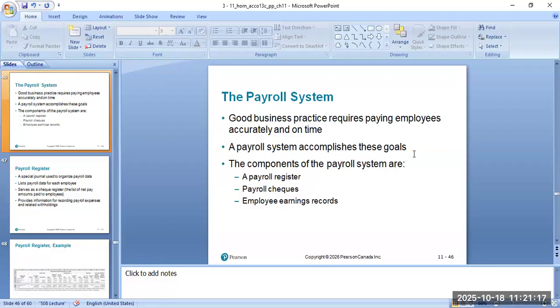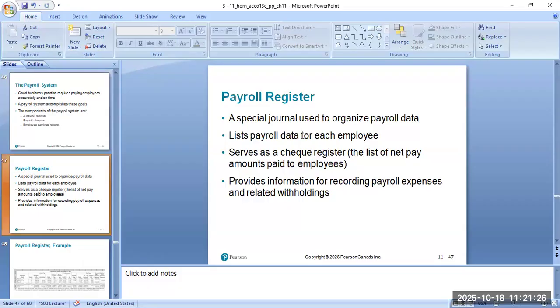So the components of the payroll system are the payroll register, payroll checks, and employee earning records. The payroll register is a special journal which organizes the payroll data: how much is the rate, how much is the vacation for the employee, how much is the overtime, the sick days which the employee is entitled to, and all those things.